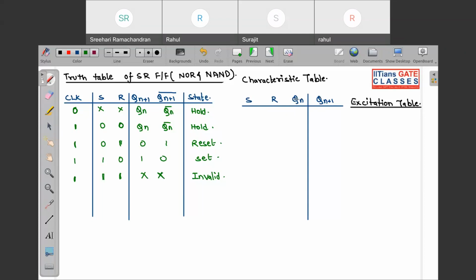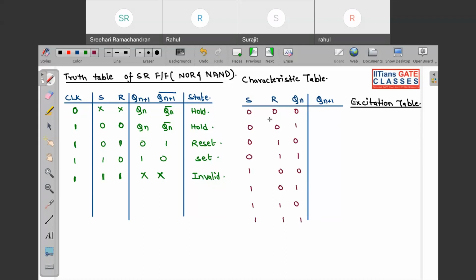So all the combinations of S, R and Qn will be listed. Okay, so this is your characteristics table.